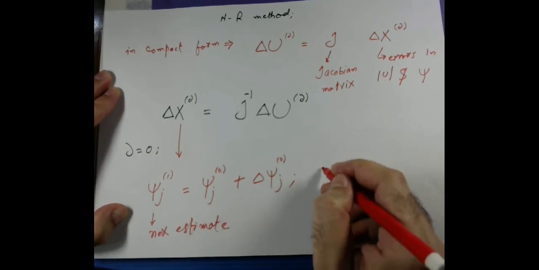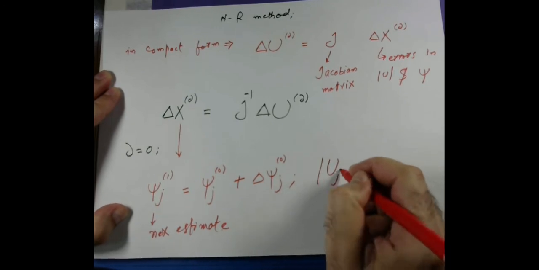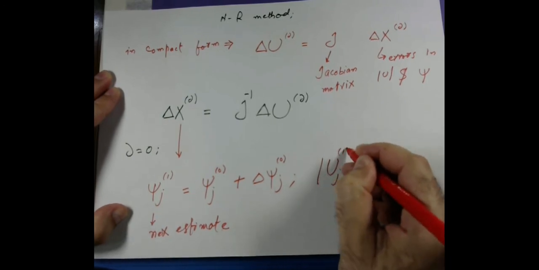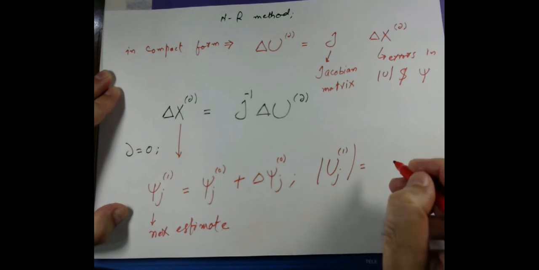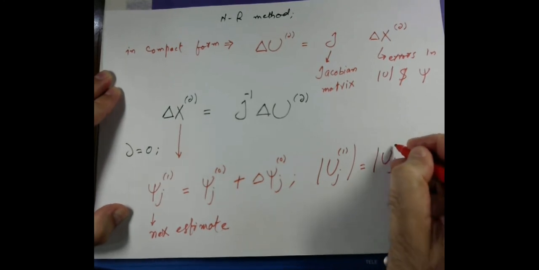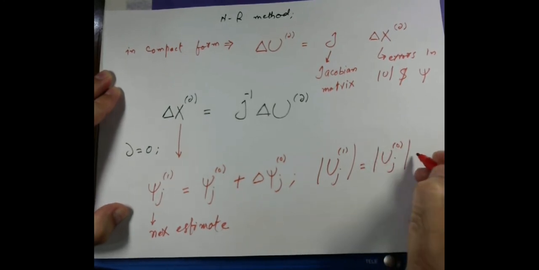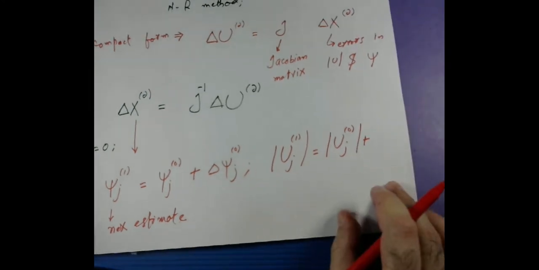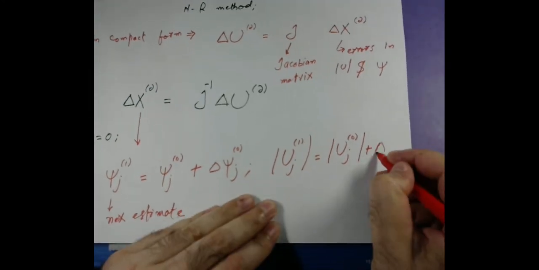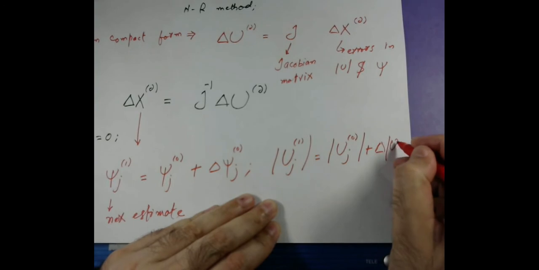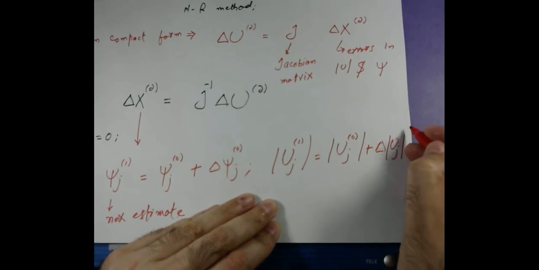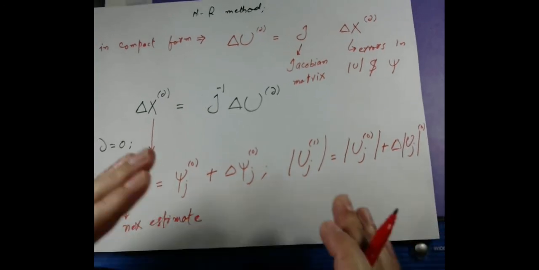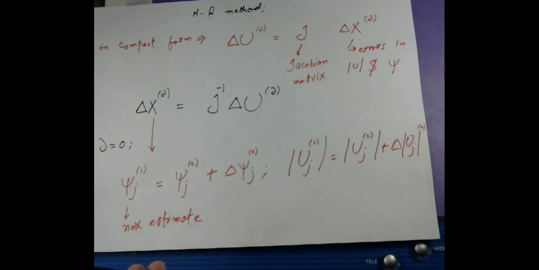Similarly, we can write it for the voltage magnitude: u j1 will be equal to u j0 plus the error in the first estimate. So in this way we will find the error.